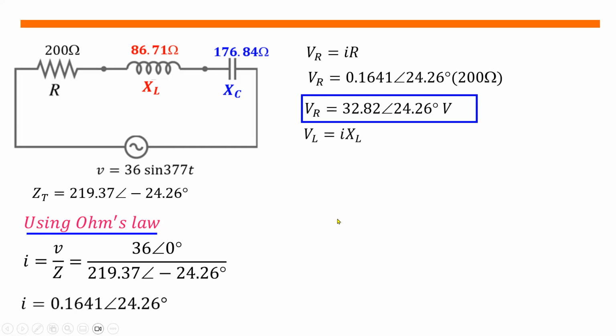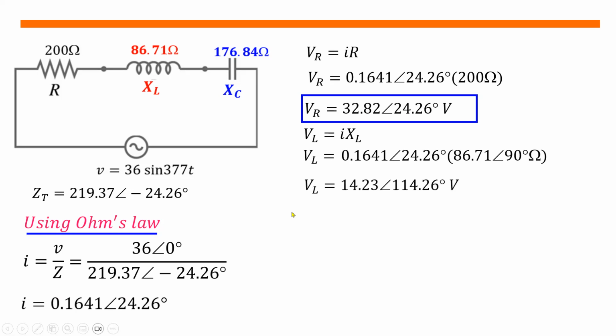And for the value of the voltage across the inductor, that will be I multiplied by the inductive reactance. So that will give us the voltage for the inductor is equals to 0.1641 angle 24.26 multiplied by 86.71 angle 90 degrees.